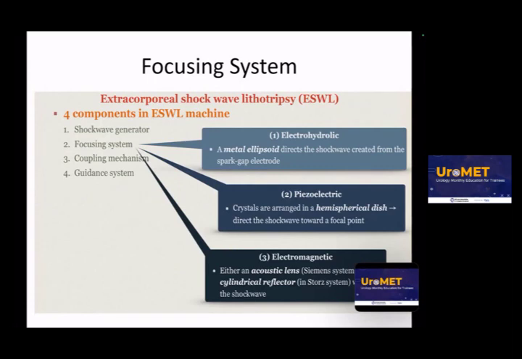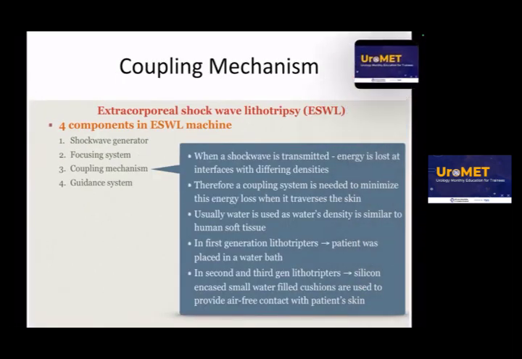Coupling means, when there's a surface interface, we have to use another coupling mechanism. In the 3rd generation ESWL machine, we use a silicon pad as a coupling device. And the guidance system means how we focus on the stone.